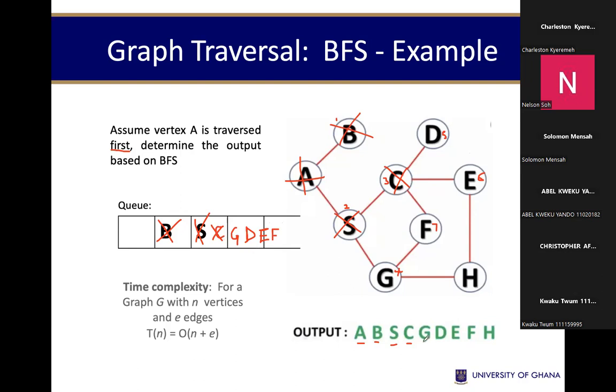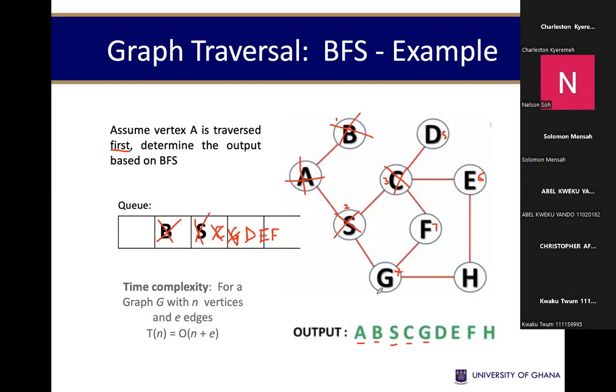Now, in terms of J, J is adjacent to F. F is already in the queue, so I don't waste my time. S is already visited, so we don't waste time there either.